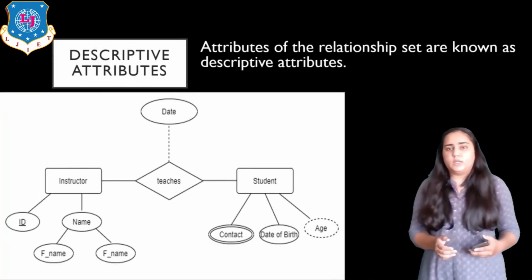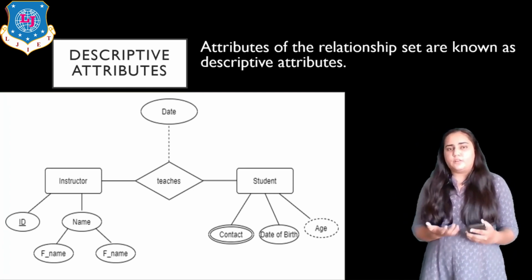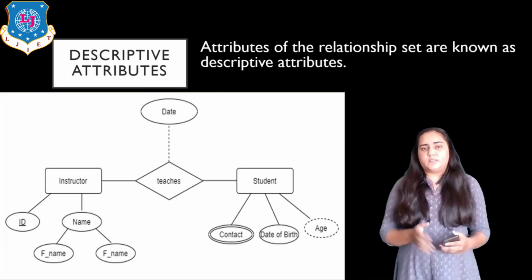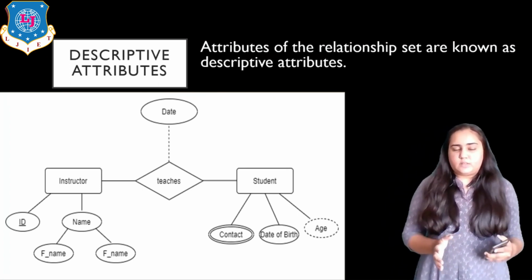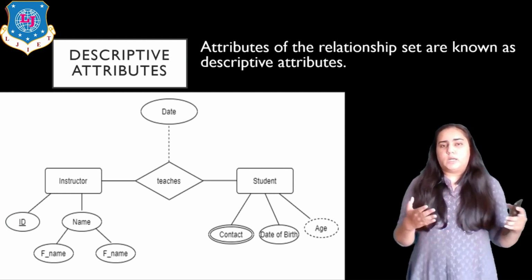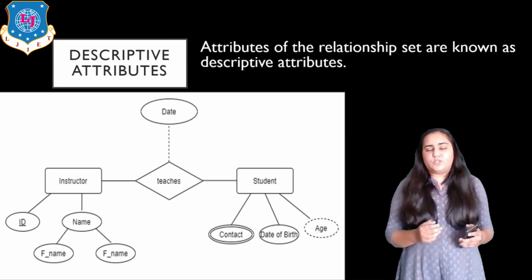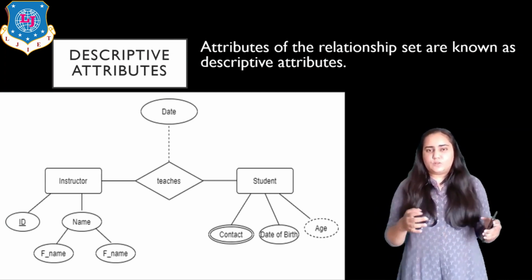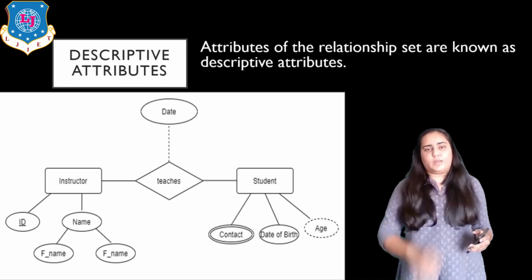Let me just draw your attention to the symbol of a descriptive attribute. A descriptive attribute is drawn just like all other attributes in an ellipse, but when it is attached with the relation, it is attached using a dashed line. So it's not a solid line, but a dashed line with gaps.